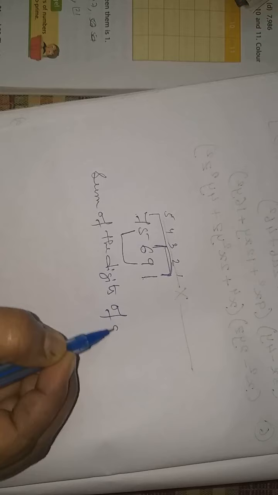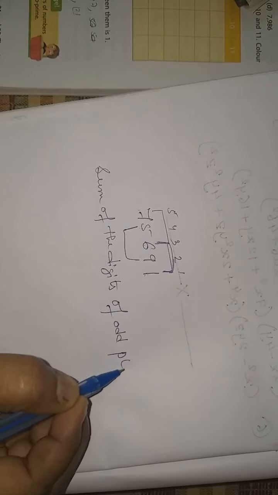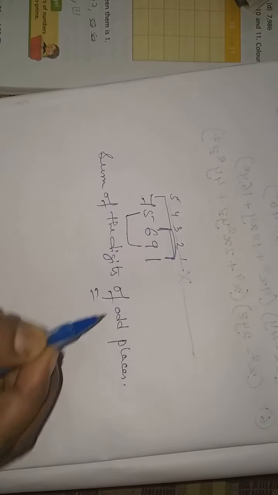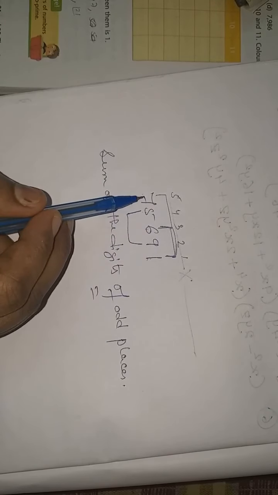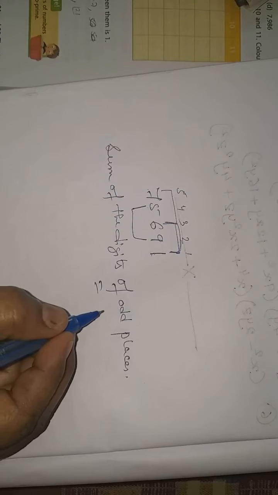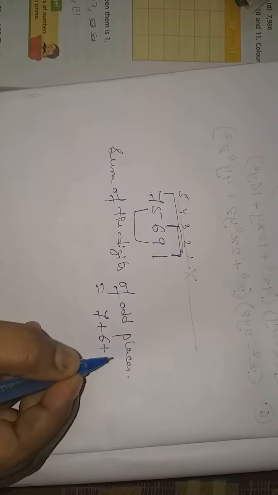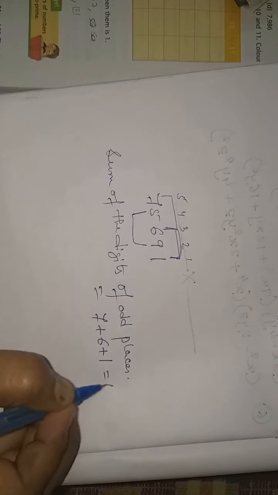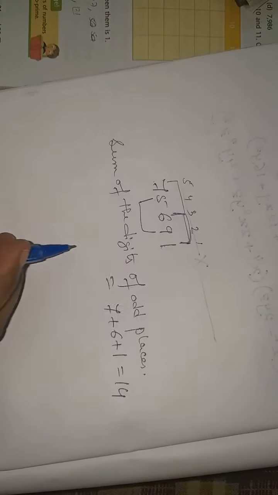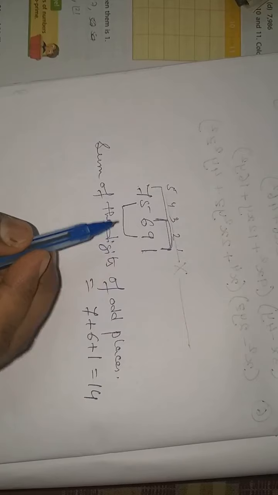What are the digits of the odd places? 1, 6 and 7. So 7 plus 6 plus 1 is 14. Now we have to find the sum of the digits of the even places.